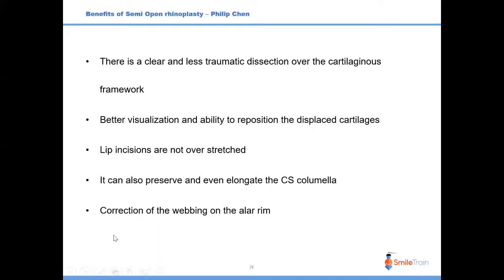You are able to reposition the alar cartilage, which is key in the nose repair, to its original anatomic position as much as possible, and you are able to maintain this position with sutures. The lip incisions are not overstretched because you don't use them, and the incorporation of the Tajima incision allows you to correct the webbing at the alar rim as well as lengthen the columella.